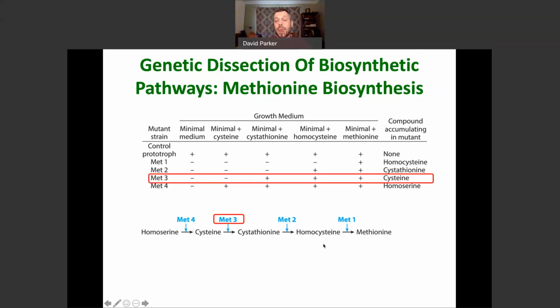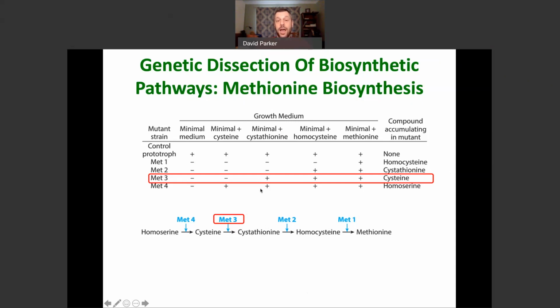If you give a MET3 mutant homocysteine, it can grow just fine. It can't carry out this step, but a MET3 mutant is wild type for MET2 and it's wild type for MET1. So if you give it homocysteine, it can convert homocysteine to methionine because it has this enzyme, not a mutant for that.